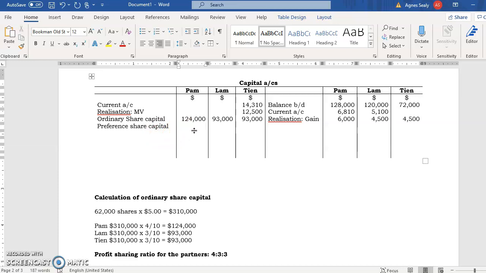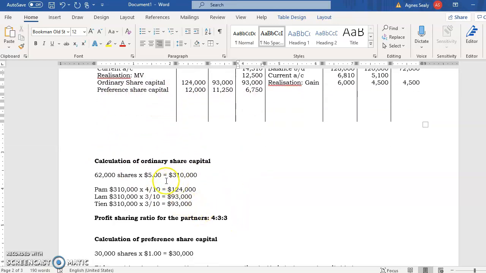For Pam, that is $12,000 we calculated just now, debit. For Lam, $11,250 debit, and for Tien, $6,750. So that is the ordinary share capital and the preference share capital.